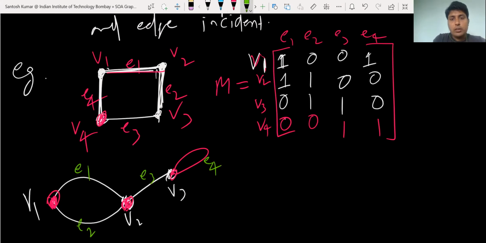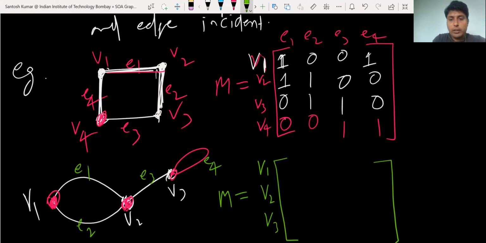So what is the incidence matrix corresponding to this graph? Here we have V1, V2, V3, and here we have E1, E2, E3, E4. So this is 3 cross 4.